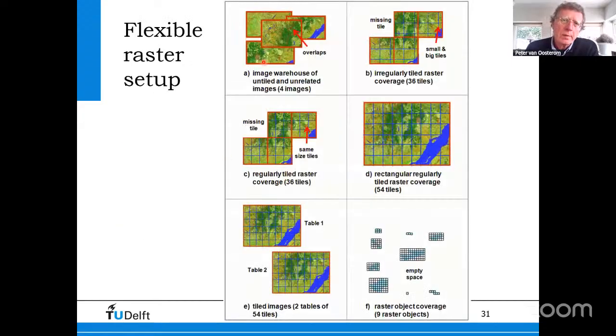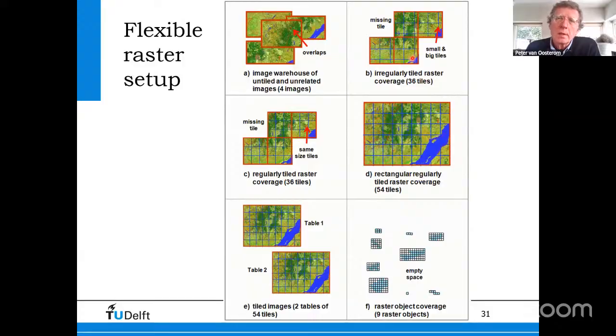And here you see some examples of what could be in a single PostGIS raster table. You could have, say, 4 images that were not tiled. So each image is one big tile, you could say. These 4 images are overlapping, partly.